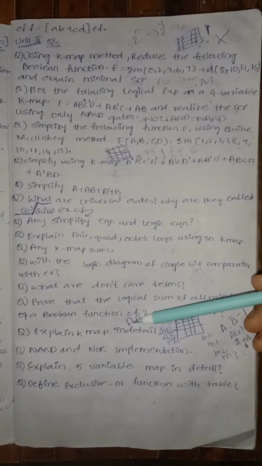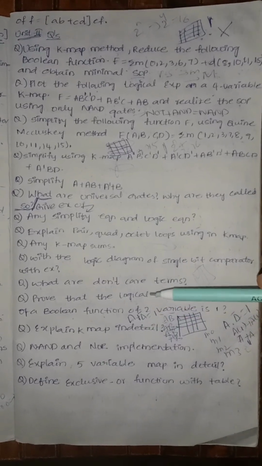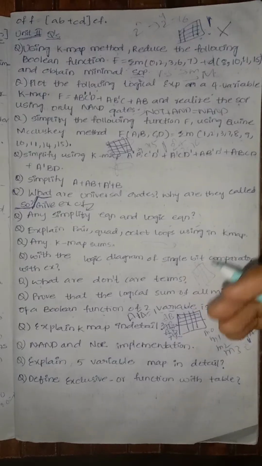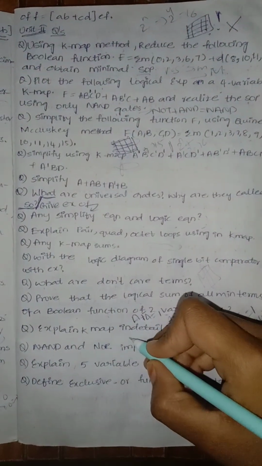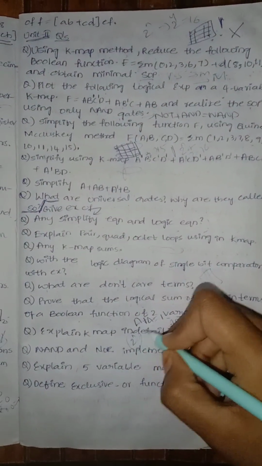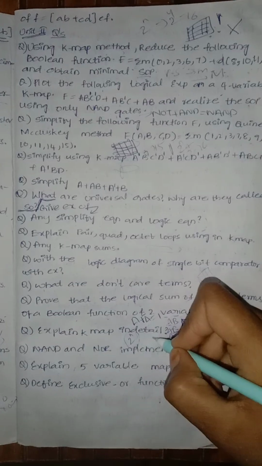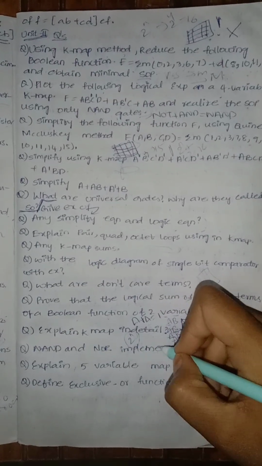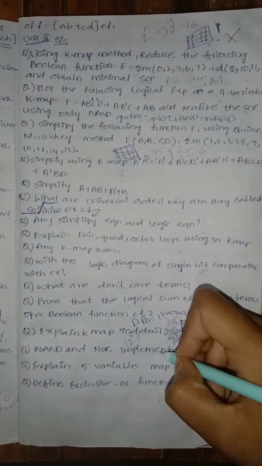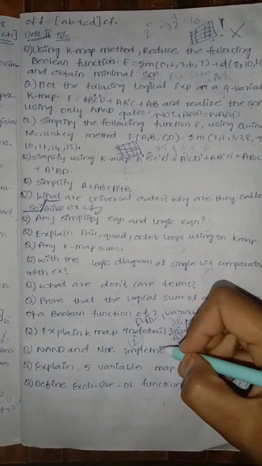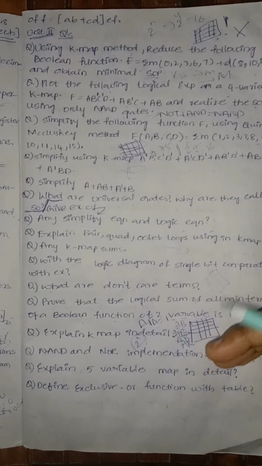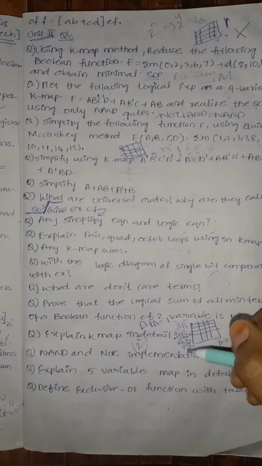Explain K-map in detail. First we need to write an example. Then for drawing we need to apply the 2 power n formula, write it in detail. Then we will take inputs like a bar b bar, a bar b, a b bar, a b, like that. Do the process step by step and write it in detail.